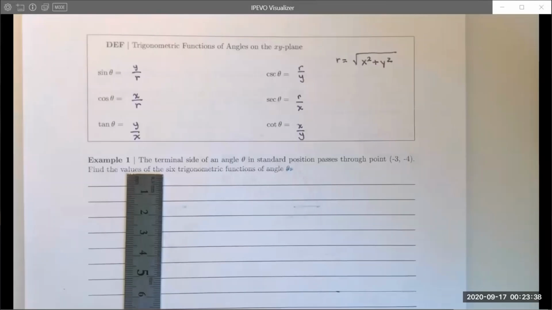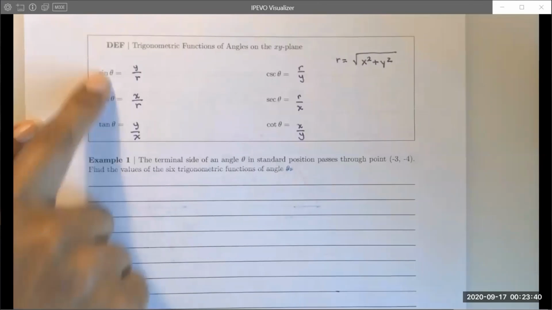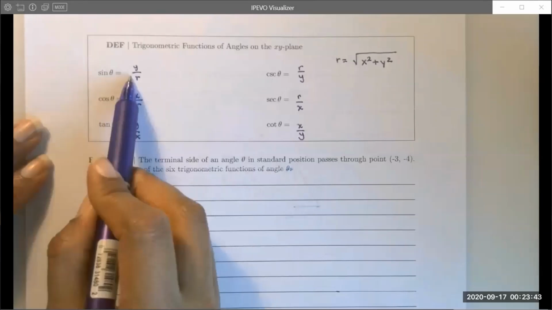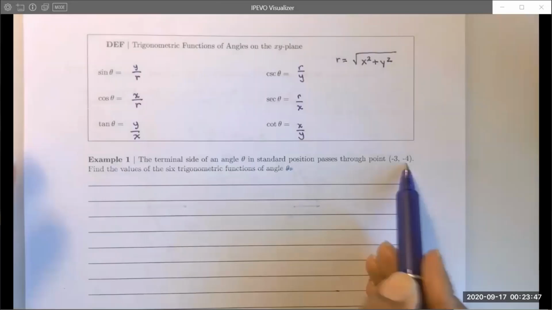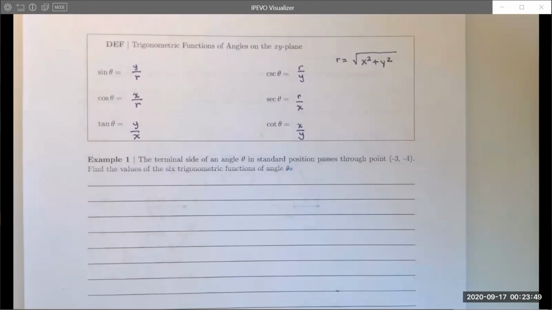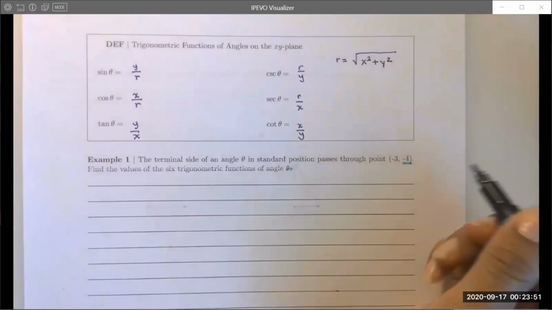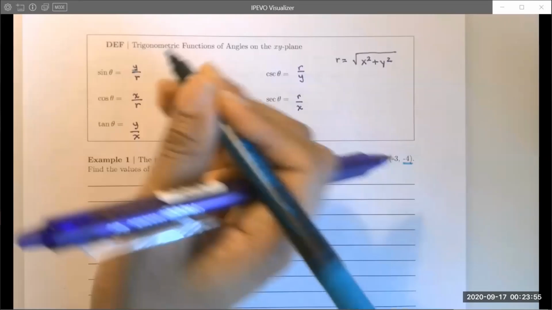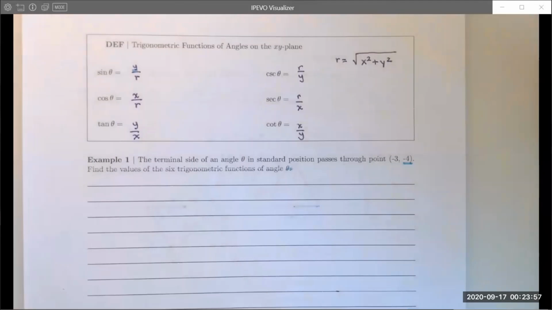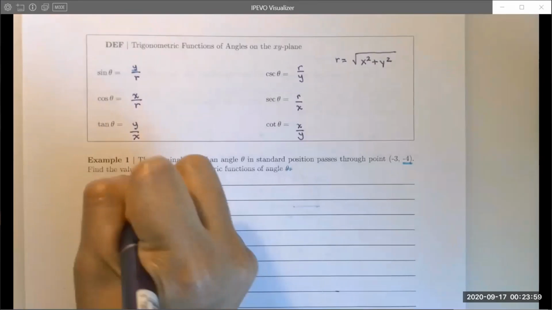Okay, so just by using these formulas, to have sine, I'll need y, which they gave me, and I'll use the same colors that we were using on page 1. So we had blue for y, and I'll need r as well. I don't have r yet because I need to compute it, so let's take care of that now.